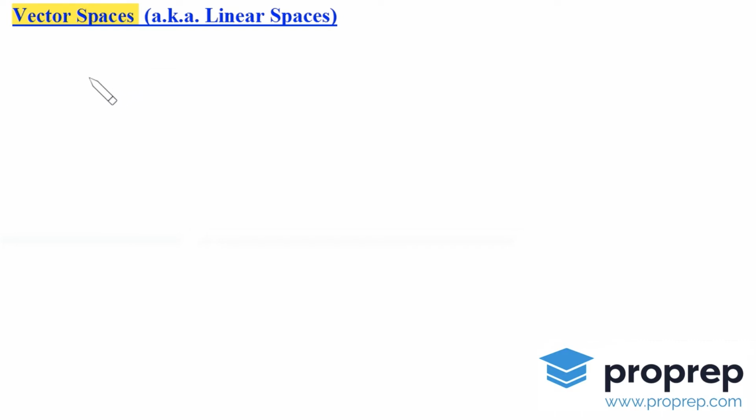In this clip we start a new topic, which is quite a central topic in linear algebra, and it's vector spaces. It's quite theoretical, so we'll take it nice and easy and introduce it slowly.